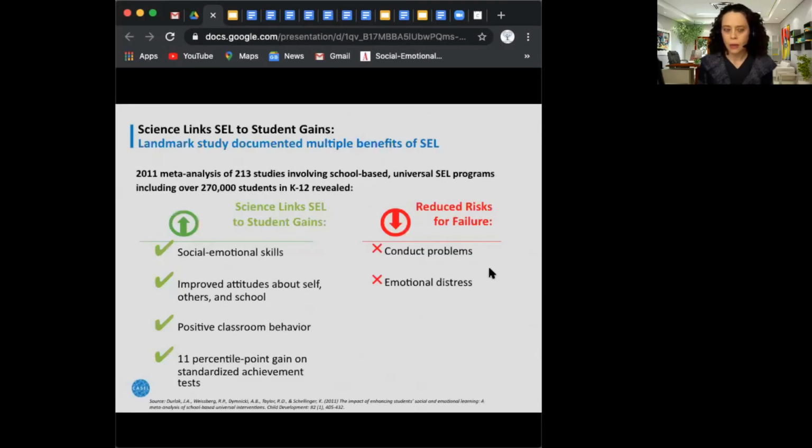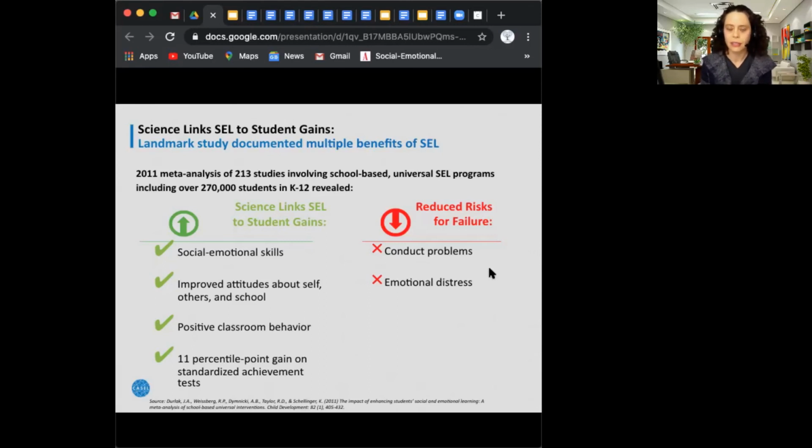So I'm not going to go into too much of the research here, but I do want to point out that SEL programming has been around for a very long time. There was a meta-analysis, which is basically looking at tons of different studies.